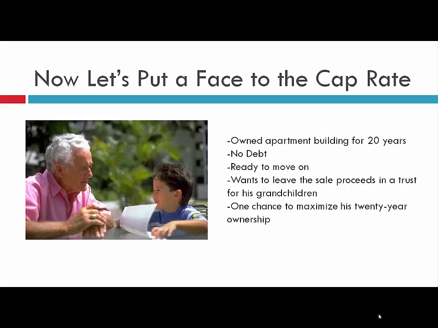Little Johnny here, he wants to leave the million, whatever he wants to make on this property, to Johnny. Now here's the problem. This guy has one chance to sell it to someone at the highest price. He doesn't get a do-over. He has to max out that number, and all of that money goes into a trust for little Johnny.